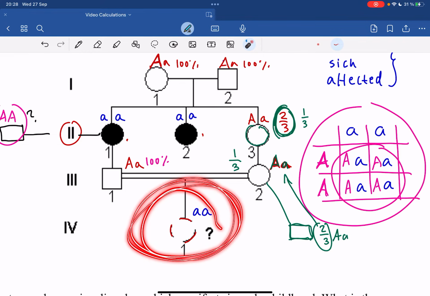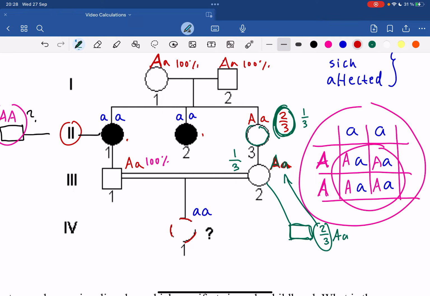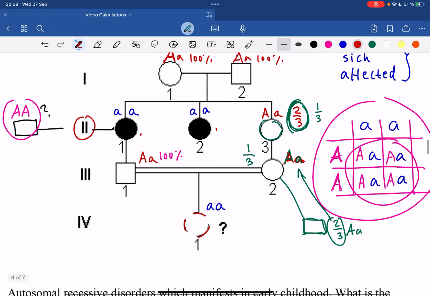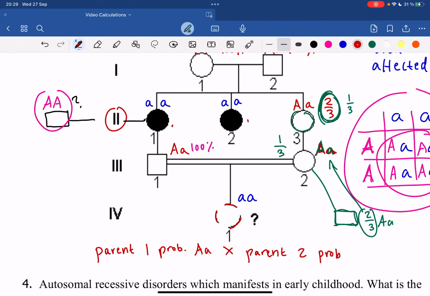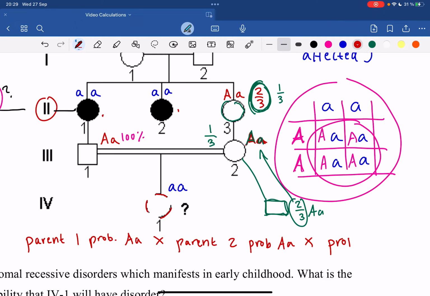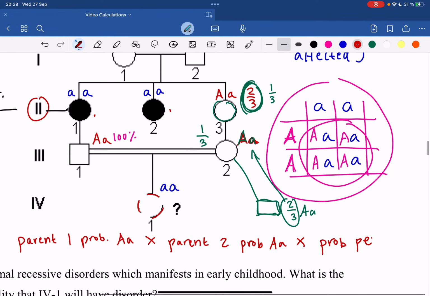Finally, we get to the daughter. Okay, now we get to the fun part, actually calculating the daughter's probability to be affected. Okay, not to be a heterozygous carrier, but to be affected. What we do here, we take parent 1's probability to be Aa times parent 2's probability to be Aa times probability from the Punnett square to be sick.